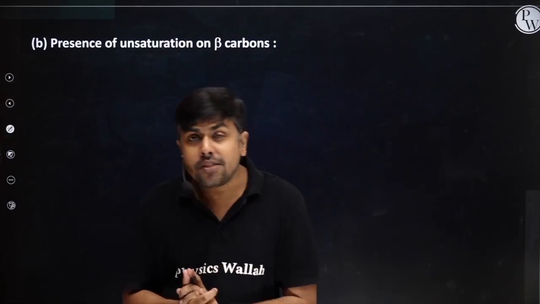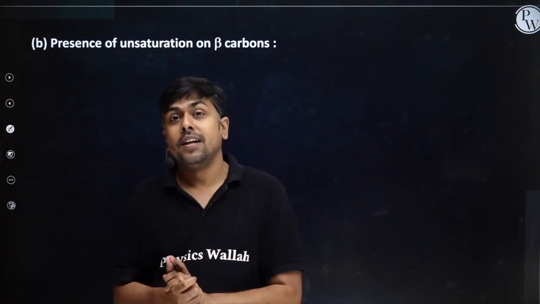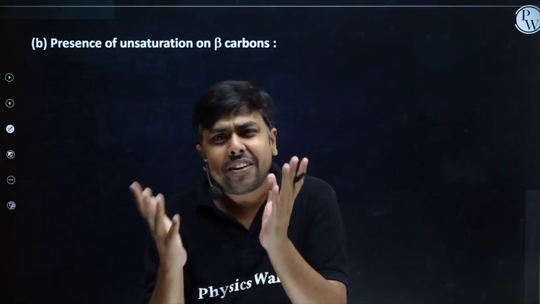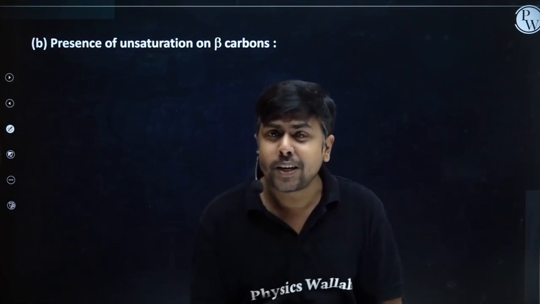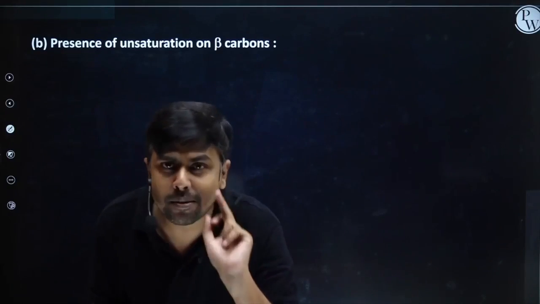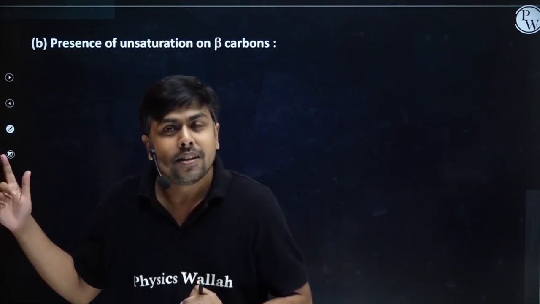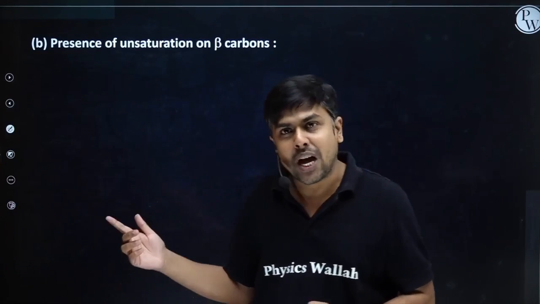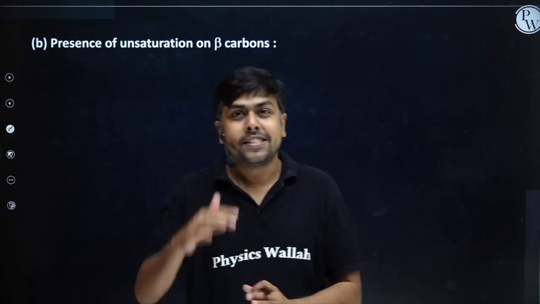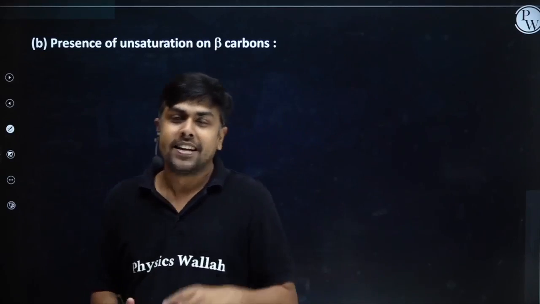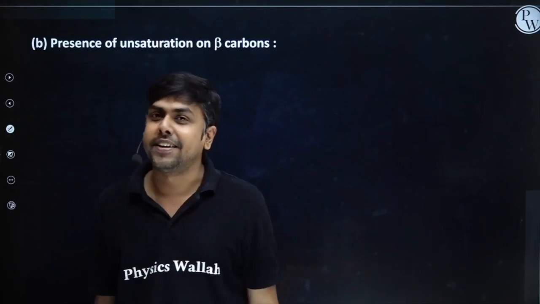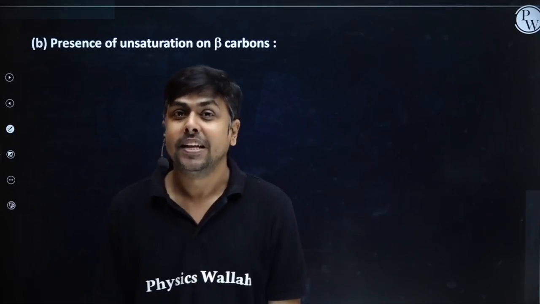If there is unsaturation at the beta carbon, then resonance will occur. Why? Because the TS is sp2 hybridized, right? The alpha carbon in that transition state is sp2 hybridized, and if the beta carbon is also sp2 hybridized, then resonance will occur. And if resonance occurs, the stability of the TS will increase, the activation energy barrier will be less, and the rate of SN2 reaction will increase.